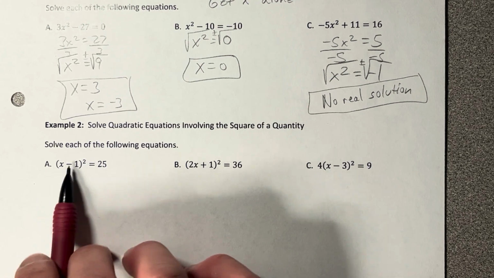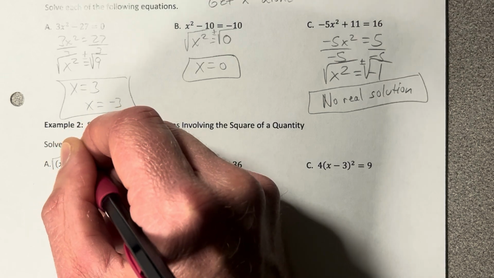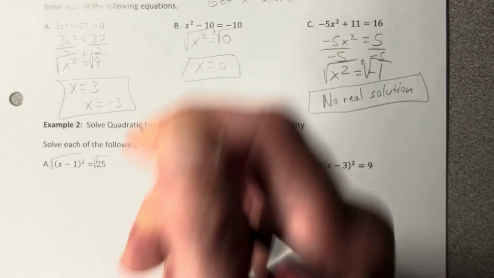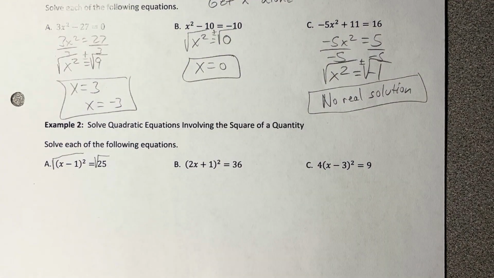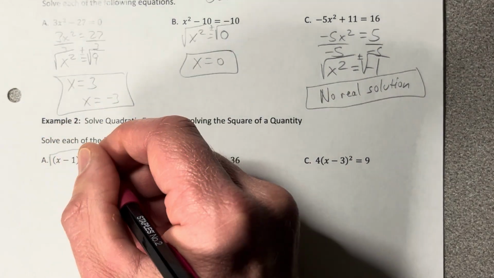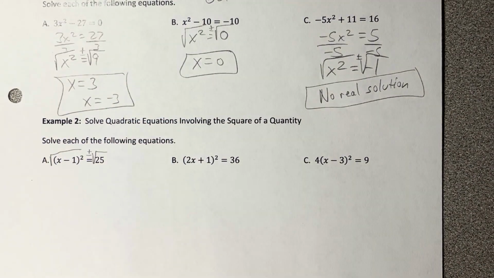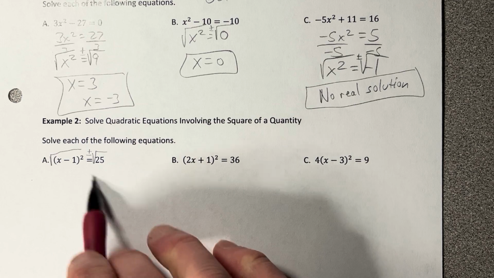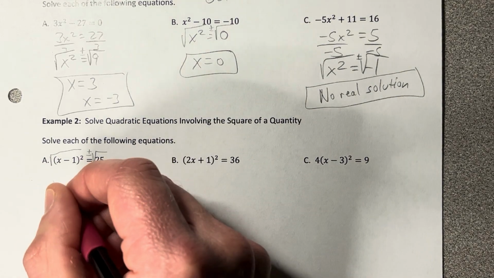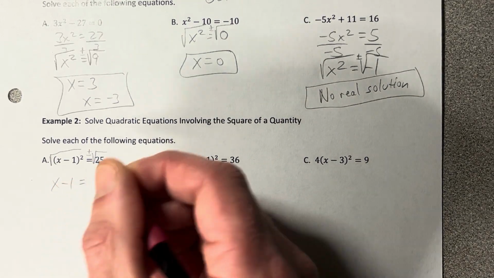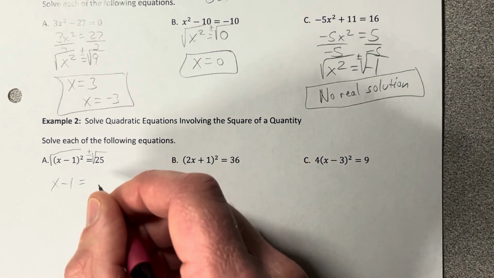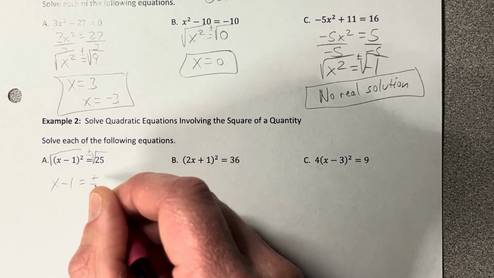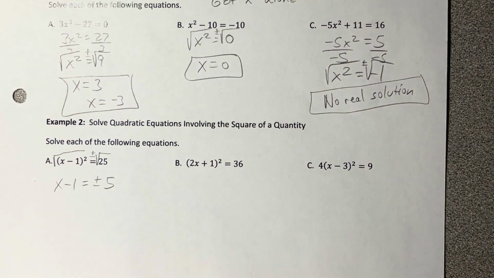I'm going to undo the squaring by taking the square root at the beginning. But I have to remember, positive and negative are possibilities here. So I'm going to get x minus 1 equal to plus or minus 5.